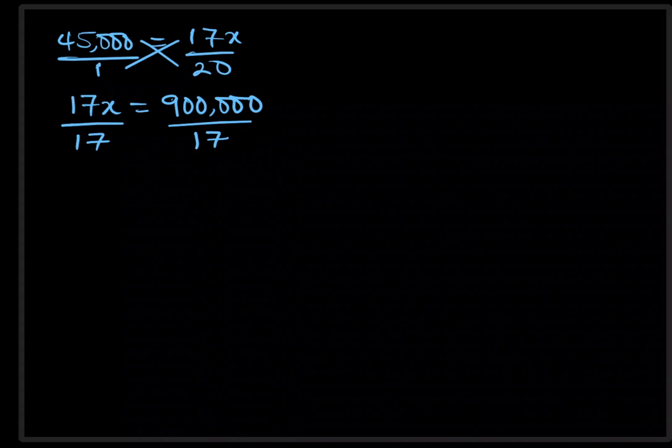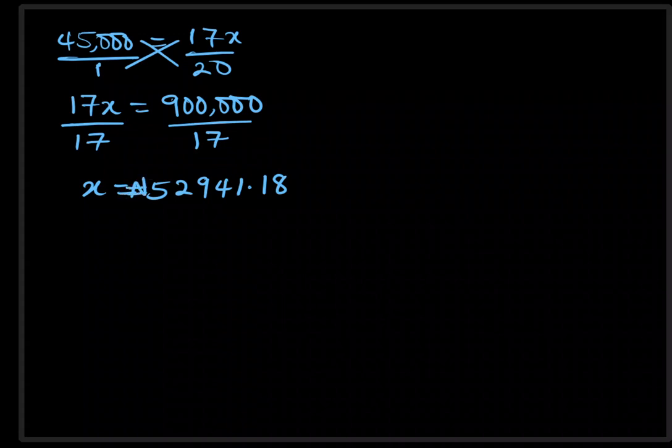I think that will land us in decimal point. So our X is equal to 52,941. If you take your division carefully, 52,941 naira 18 kobo by approximation. Let me put our symbol here.